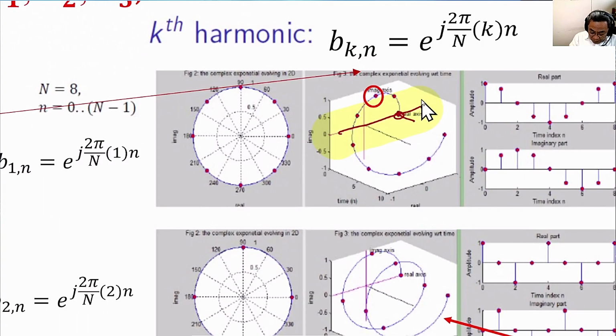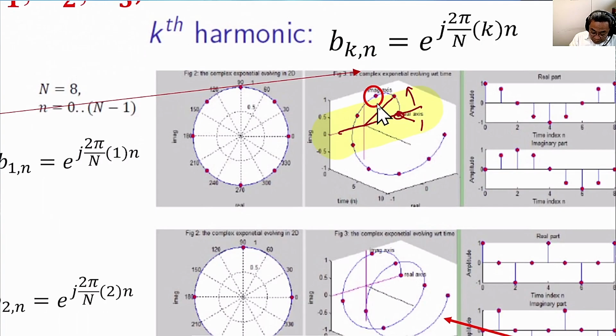The first element, this value is 1, and the horizontal axis is the real line, and the vertical axis is the imaginary axis.